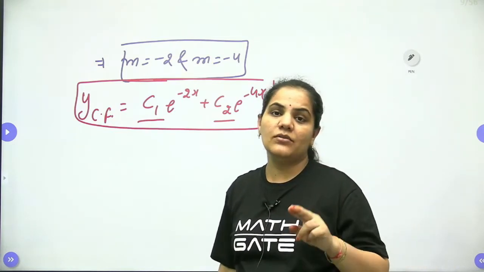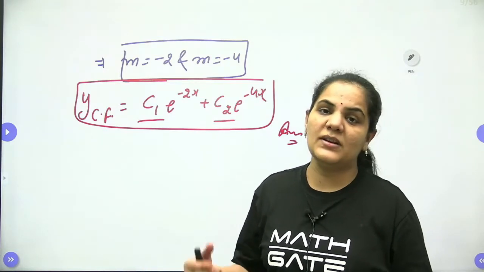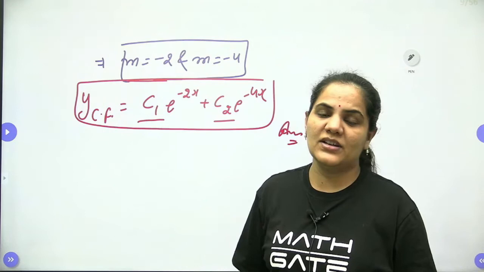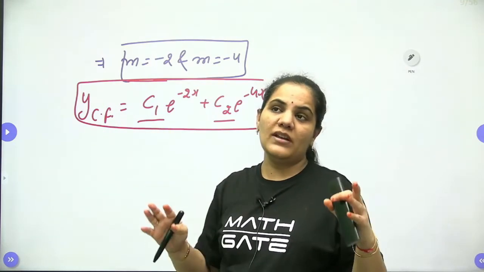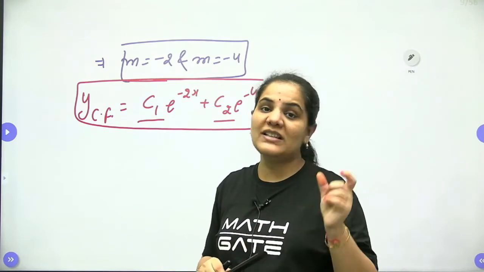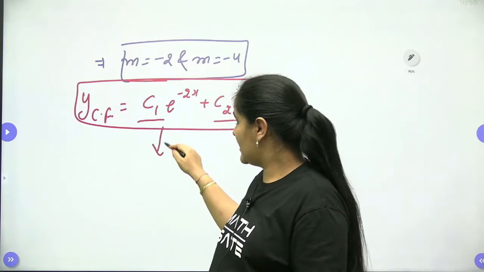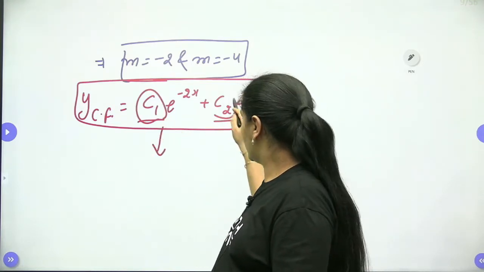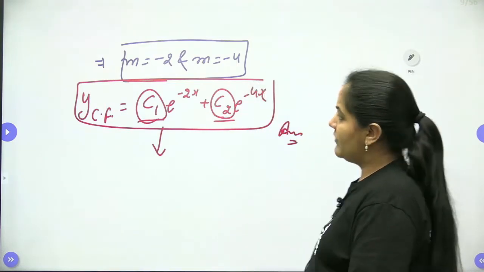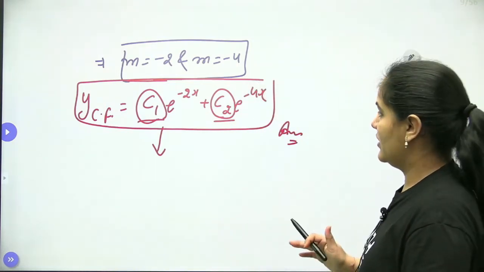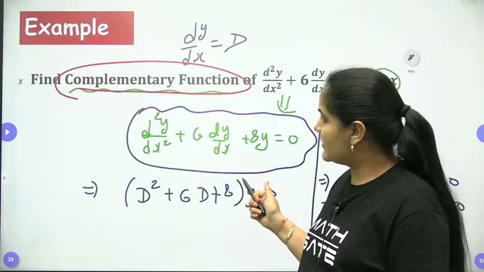The second pattern, which is frequently asked in the GATE examination, is that we always have some initial conditions to find these constants C1 and C2, so we have to find the values of the constants with the initial conditions already given in the question. But right now we don't have any initial condition, so we can leave it here. So this will be my final answer.